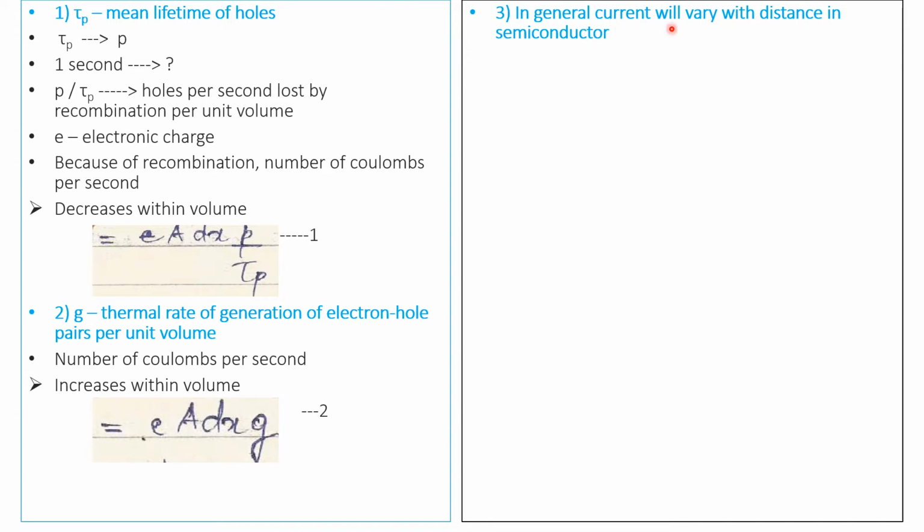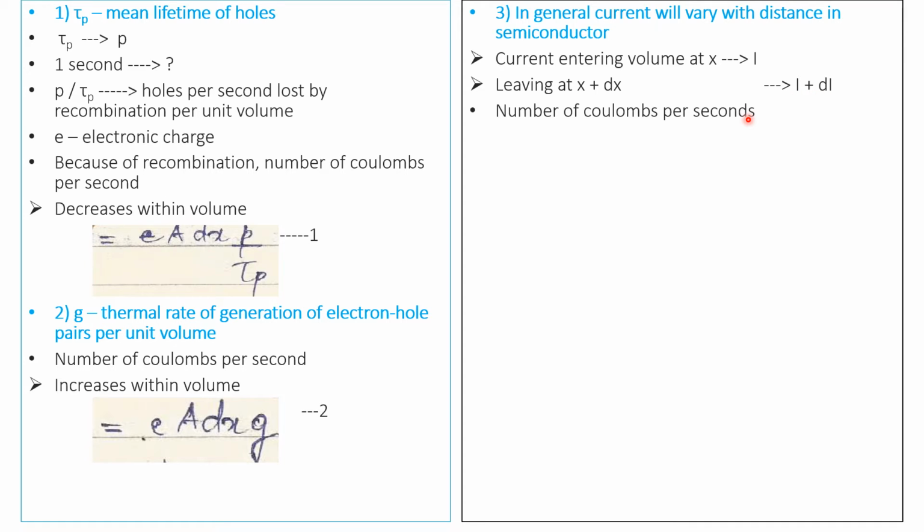In general, the current will vary with distance in semiconductor. The current entering the volume at x we will denote as I, and the current leaving at x plus dx will denote as I plus dI. So the number of coulombs per second decreases within the volume will be equal to dI.